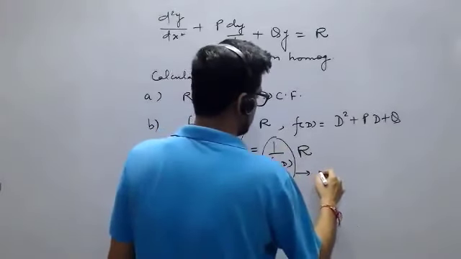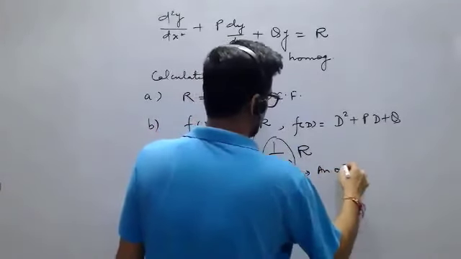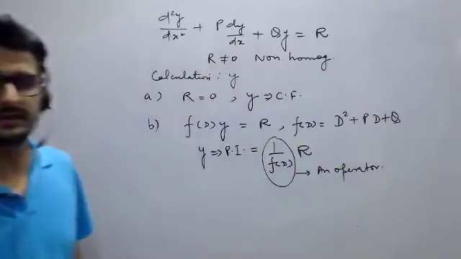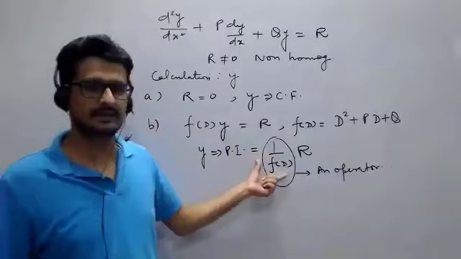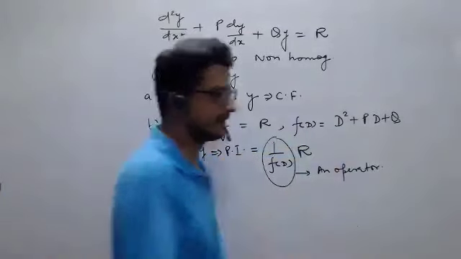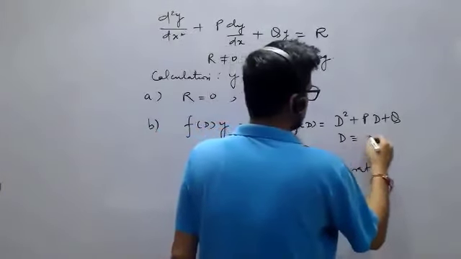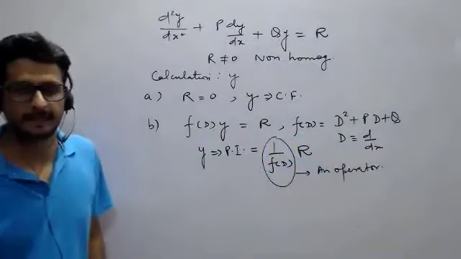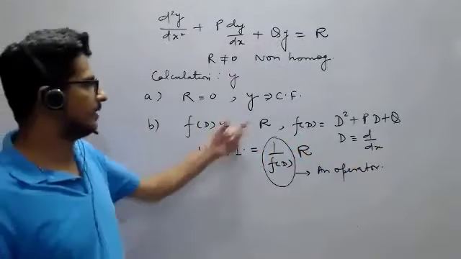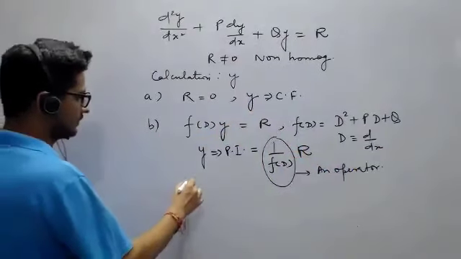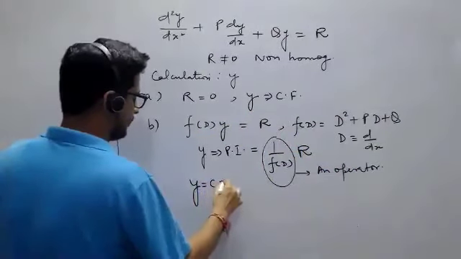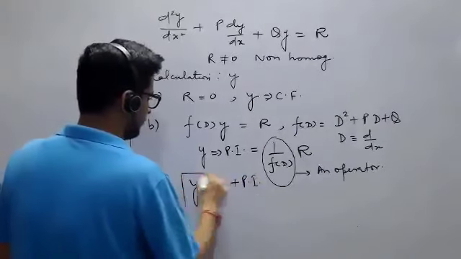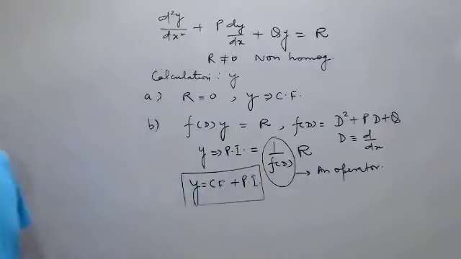This is just an operator, so you have to be very careful while solving this part, because capital D is an operator, D is d by dx. Now the actual solution will be given by complementary function plus particular integral. That will be the complete solution of y.